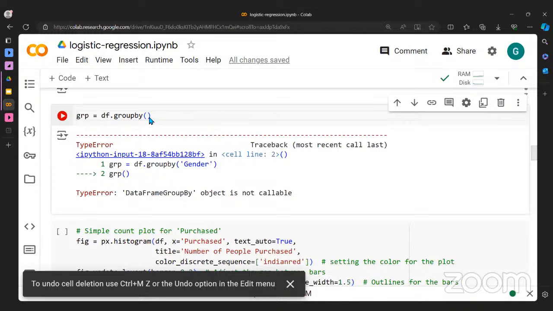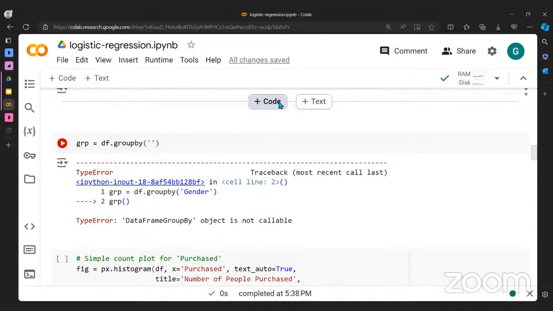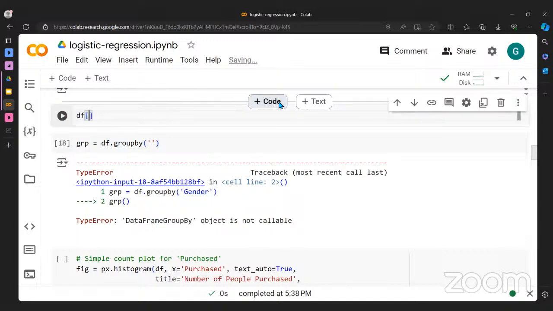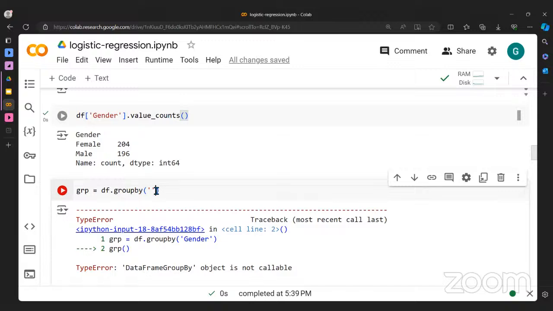You can use value counts. You call the value counts method on the gender. Yeah, okay. So female is actually higher than this.